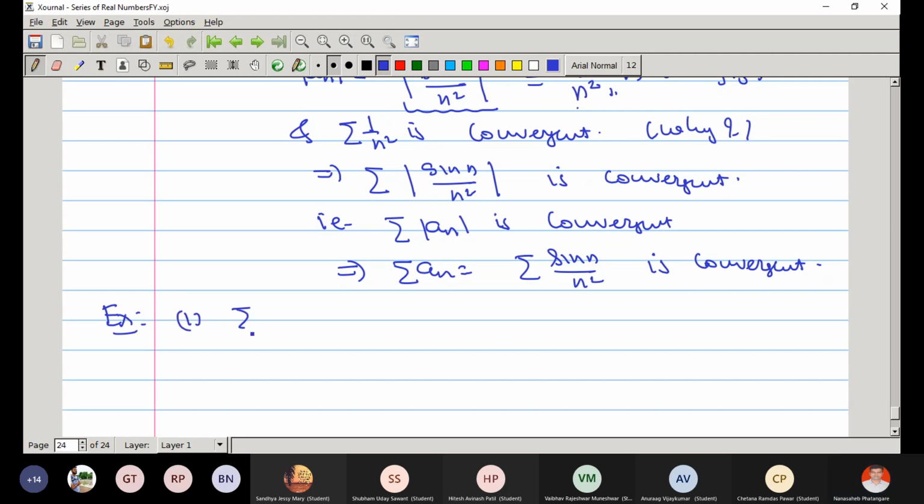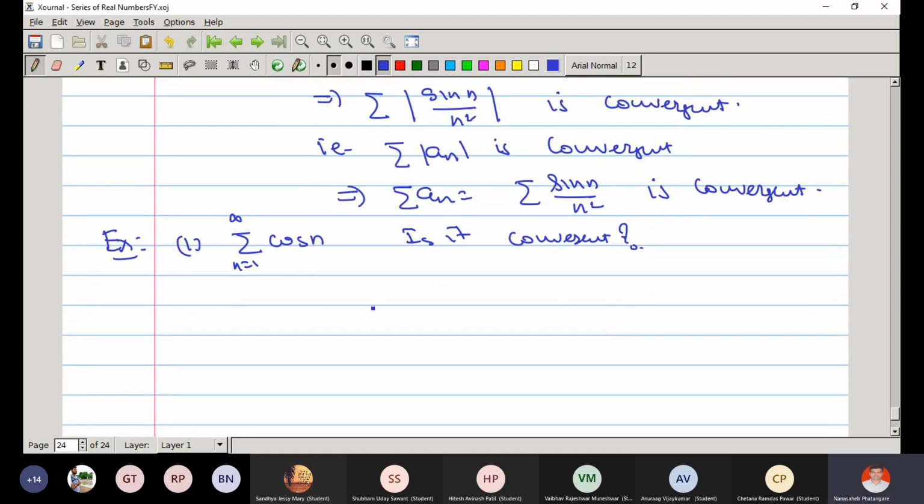So, the series of cosine n, is it convergent? This is the first question. What is an here? Cosine n.